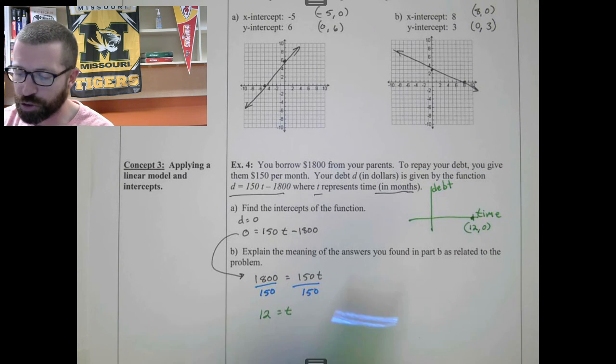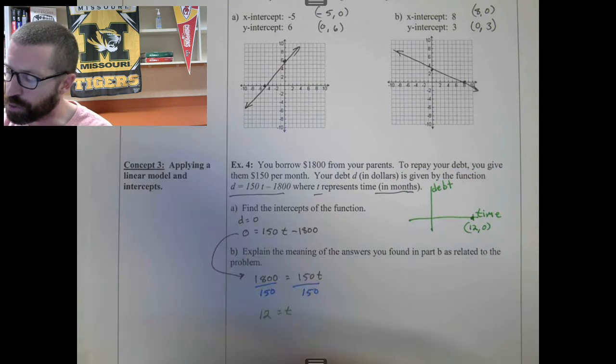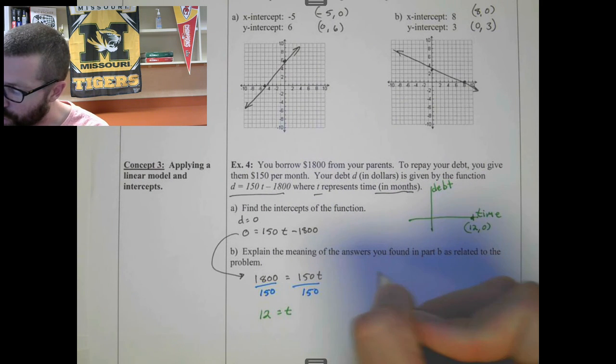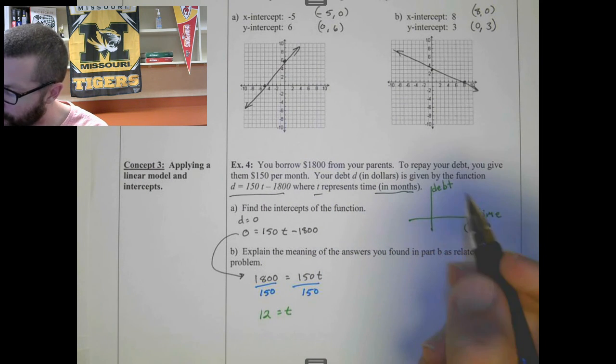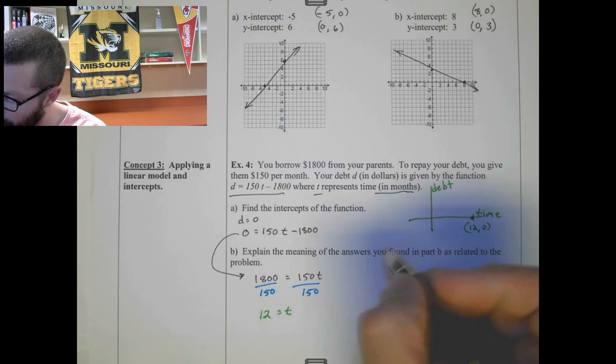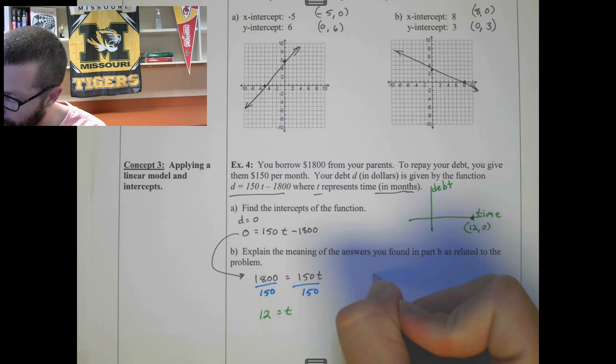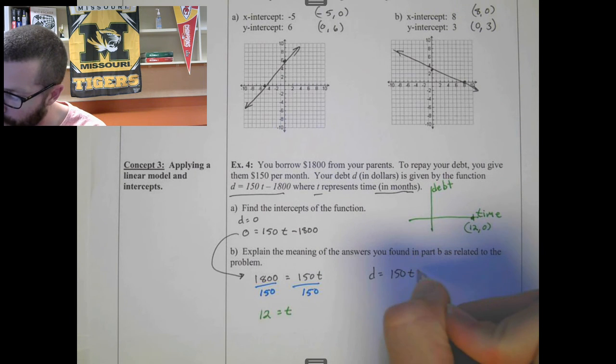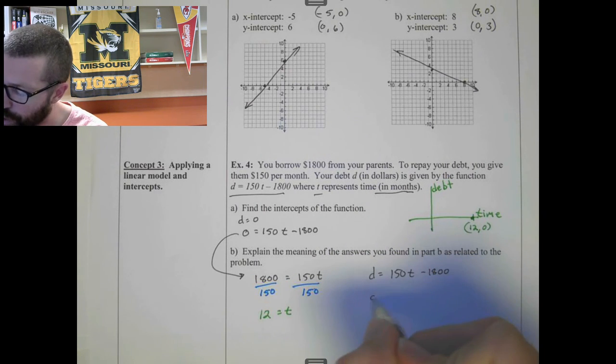Okay, now let's flip it and do the other variable. What happens if T is 0? Then we can just do the cover-up method or plug in 0.